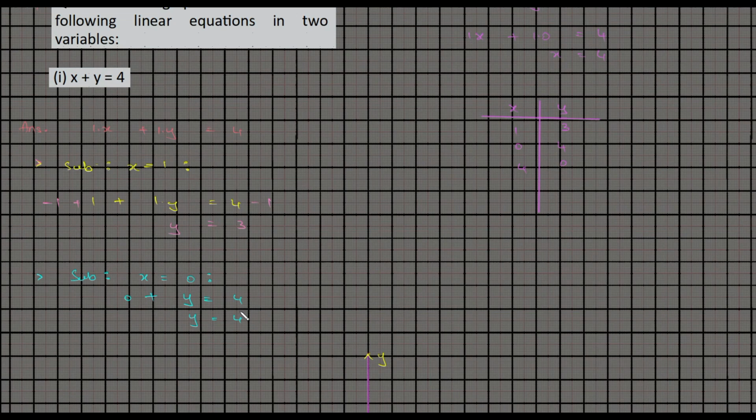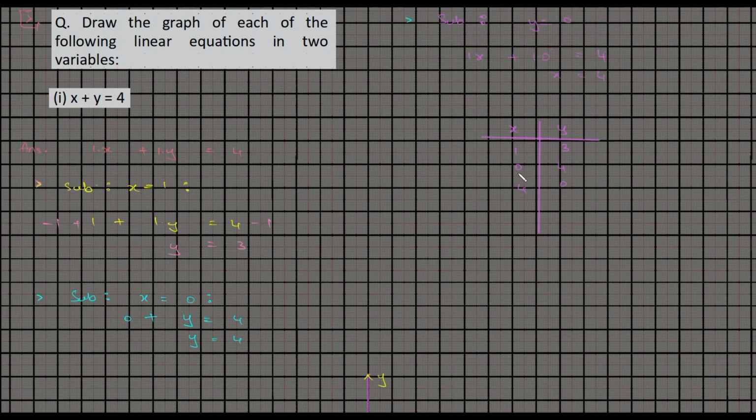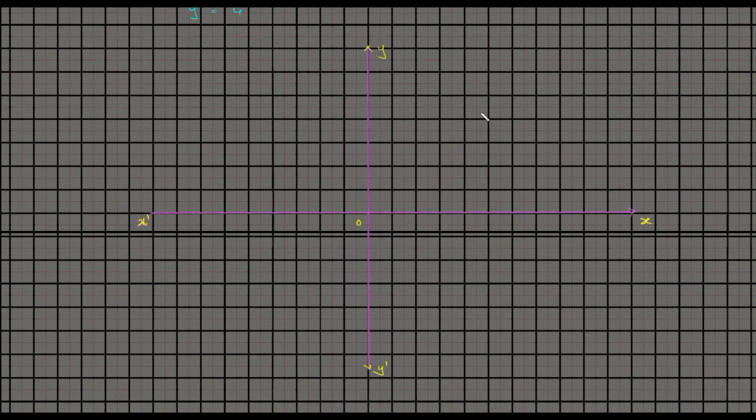Actually, you should look at the values first. So we have 1 and 3, 0 and 4, 4 and 0. Since the values are very small, we need not think too much. We can just draw the graph. If not, we need to discuss where the origin should be, because the sheet size is confined. It's not infinitely big, so we need to figure out how to make best use of the space.